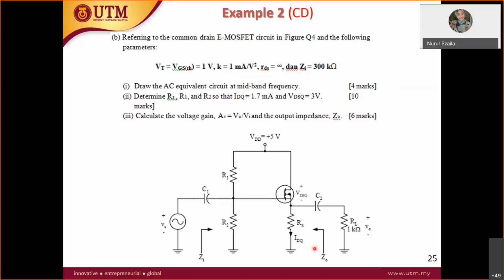So IDQ. Oh, so this question. Given IDQ, 1.7 milli, and VDSQ 3 volt, draw the AC equivalent circuit.